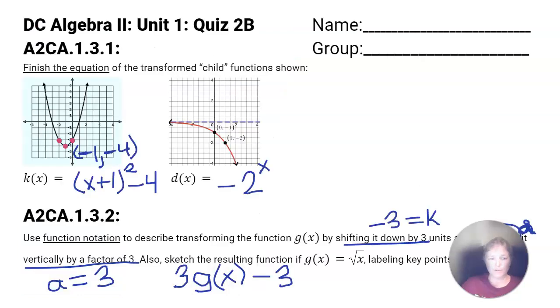Quiz B, notice that the parabola is not stretched in any way or reflected because all 3 key points are where they belong. But they have been shifted. That vertex is at (-1, -4), so it's x plus 1, because minus a -1 looks like x plus 1, squared, and then -4 outside that operation. Similarly, our exponential function has been reflected vertically down.